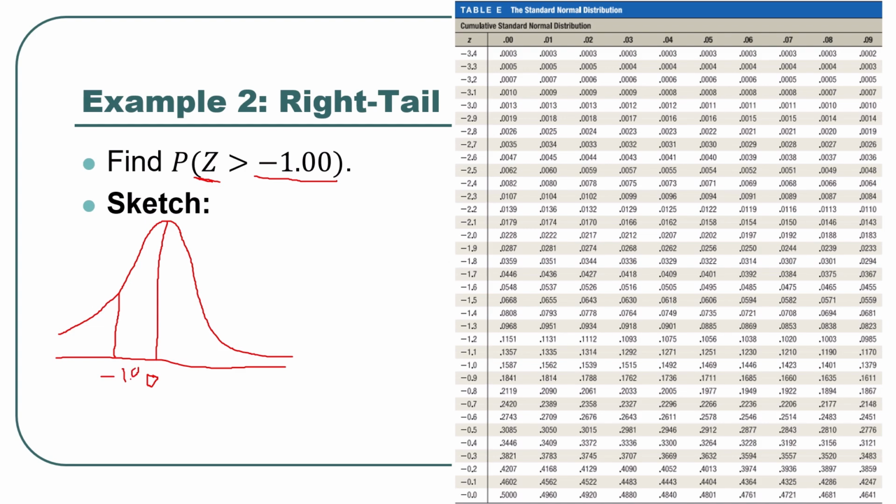So here is -1, okay. And which area am I interested in? I am interested in the area where all of the z's are greater than -1. So this is the z-axis again, and here all of these z's are greater than -1.